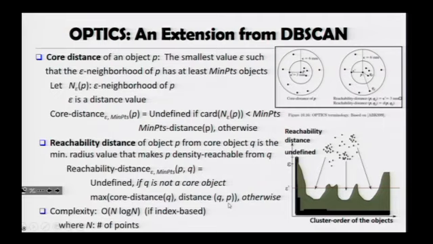Otherwise, if the point is within the epsilon neighborhood, we still use the core distance as the reachability distance.